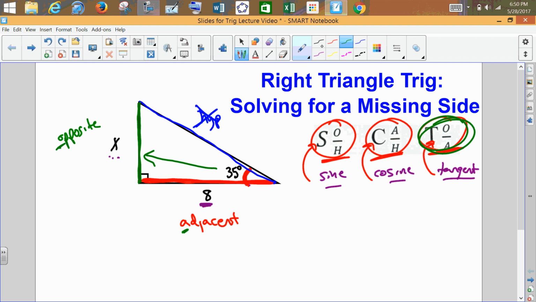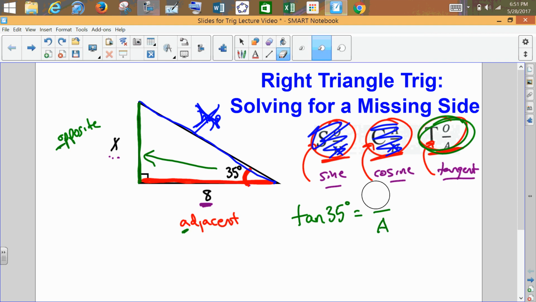Again, I don't have the hypotenuse of my right triangle, and I'm not being asked to find it, so I'm not using the sine or the cosine functions. I'm going to use the tangent function of this acute angle. The tangent of 35 degrees is going to be equal to the ratio of the opposite over adjacent sides of my right triangle.